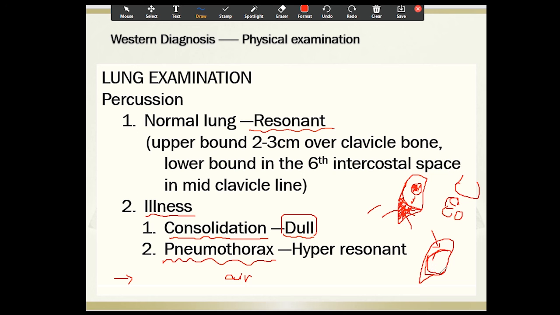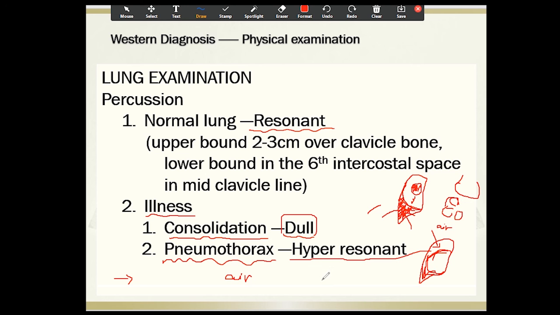So it's like this picture here. When more air goes into the pleural cavity, then if you go to this part of the lung, you can hear more of a hollow sound. We say hyper-resonant.